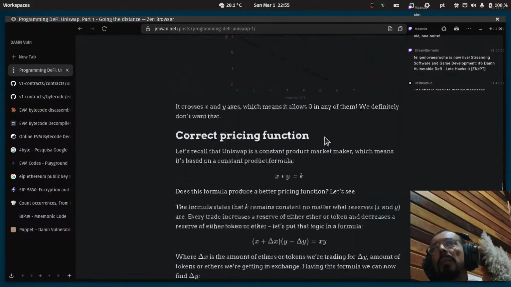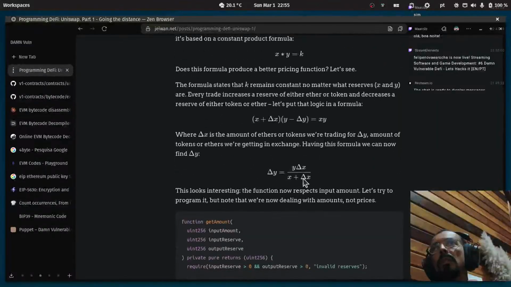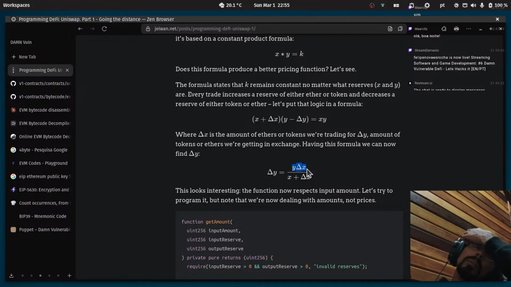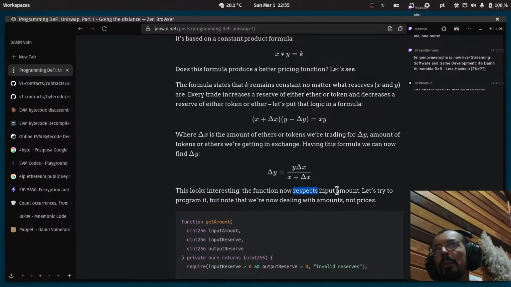But these take into consideration the amount that gets in, and wait, when you multiply epsilon by x delta, if that's 1, we already have it there. Yeah, that looks interesting. The function now respects the input amount.